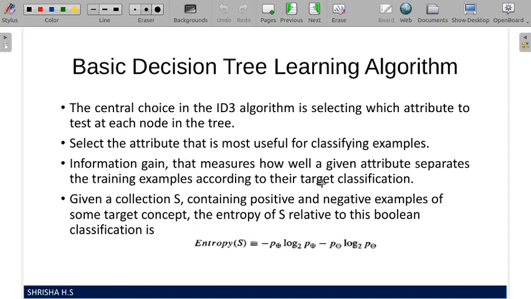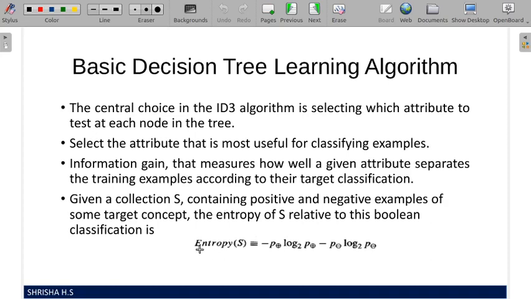In the decision tree we saw in the previous video, outlook is at the root, which means it has the maximum information gain, which we will calculate later. So outlook classifies the data set very well. Whichever attribute has the highest information gain is the best attribute to select.